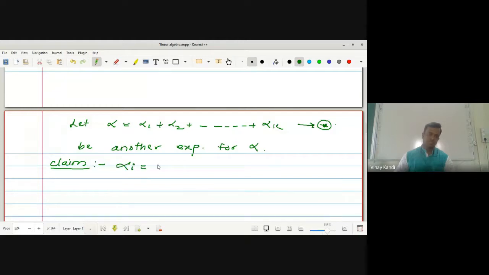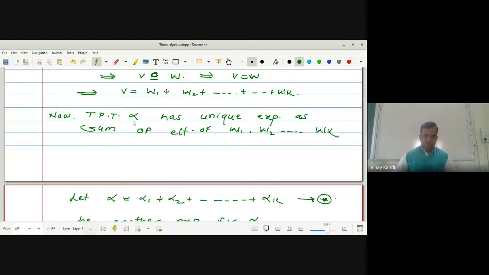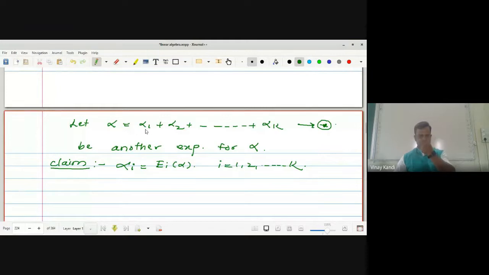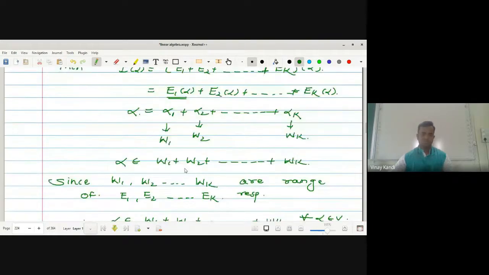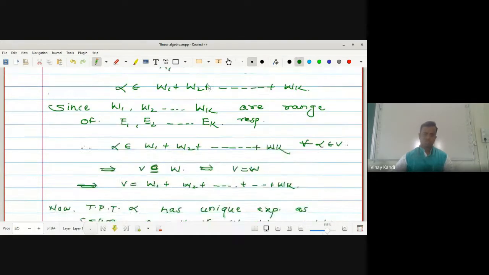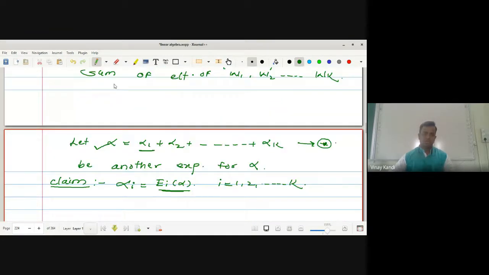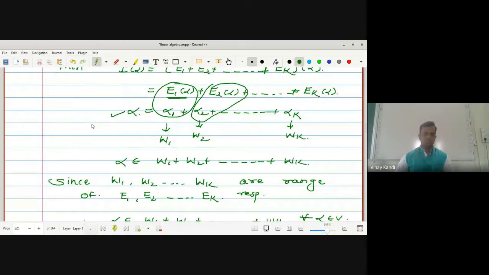This alpha I is nothing but EI of alpha, for I running from 1 to k. Suppose alpha is equal to alpha 1 plus alpha 2 up to so on alpha k, another expression for alpha. What we have to show is that alpha has a unique expression as a sum of elements of W1, W2 up to so on WK. Suppose this is one expression for alpha and that is another expression for alpha. Then I will prove that alpha 1 is equal to E1 of alpha, which was proved here, and E2 of alpha is alpha 2. If I prove this, then this representation and this representation are the same. Is it correct?